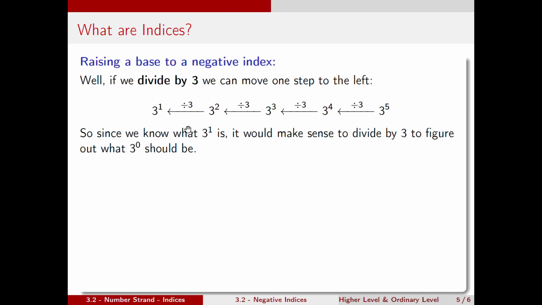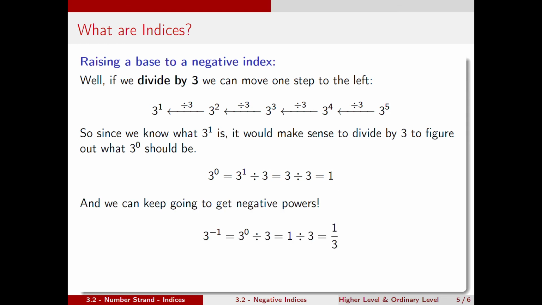But why stop there? We know what 3 to the power of 1 is, so let's divide by 3 and it should give us what 3 to the power of 0 is. So 3 to the power of 0 will equal 3 to the power of 1 divided by 3. So that's just continuing on by dividing by 3, moving to the left, which is 3 divided by 3, which is 1. So 3 to the power of 0 is 1. And we can keep going to get negative powers as well.